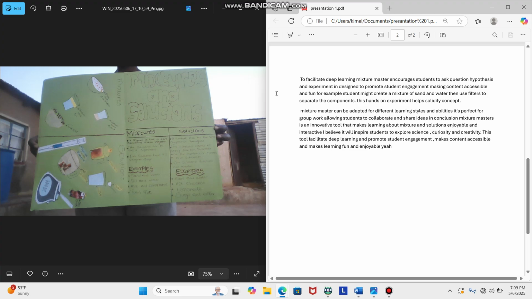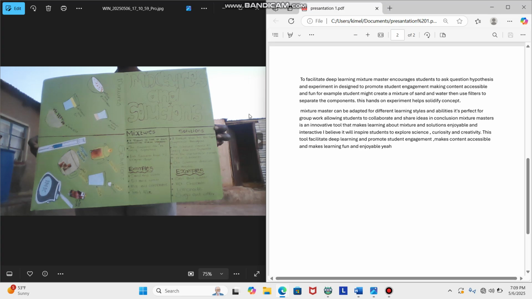As we can see, the mixture and solution topic is not very complex, but sometimes we can mix up both examples by confusion. For instance, here we have water and oil, which is a mixture, but one might say it is a solution because they are liquids.